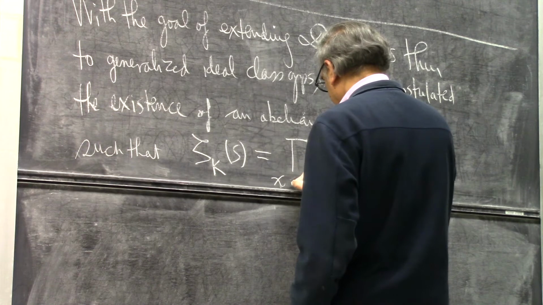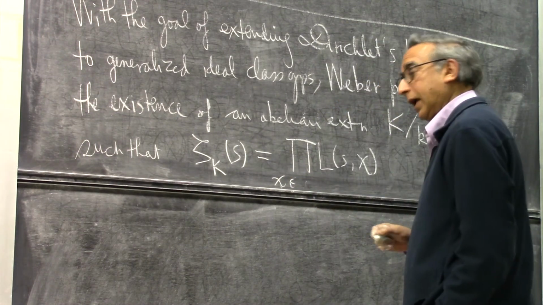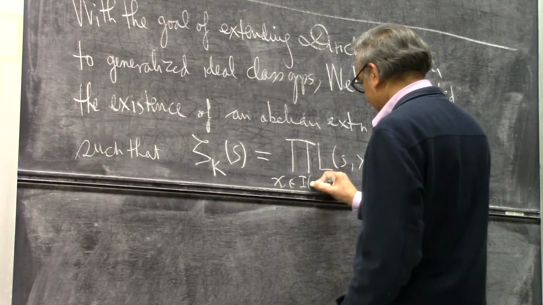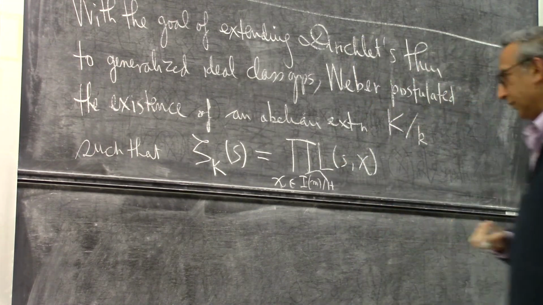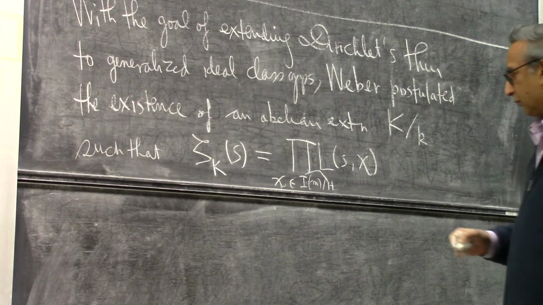So chi is a character of these ideal class groups.